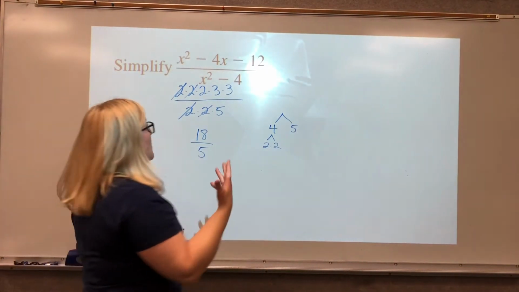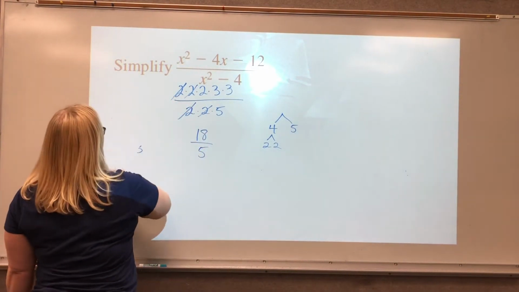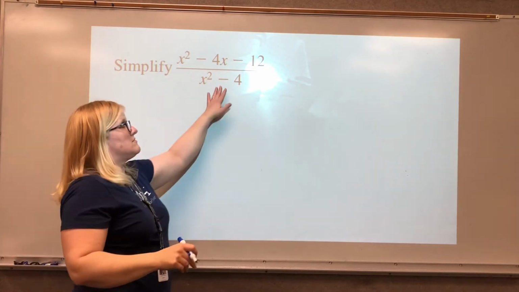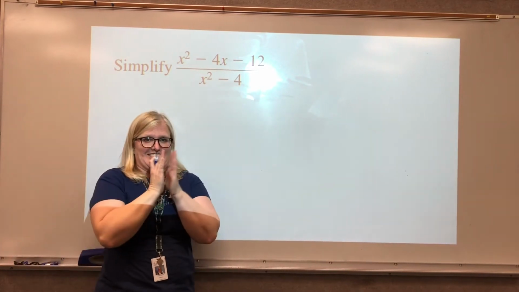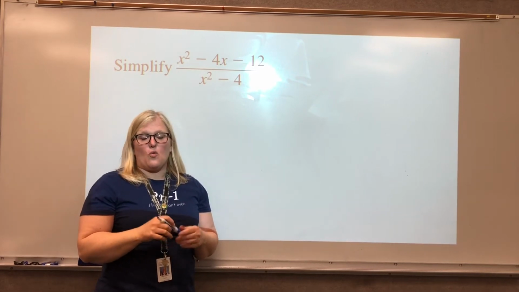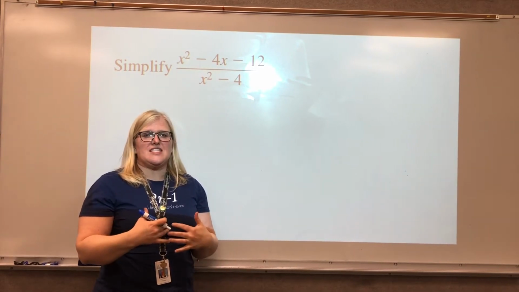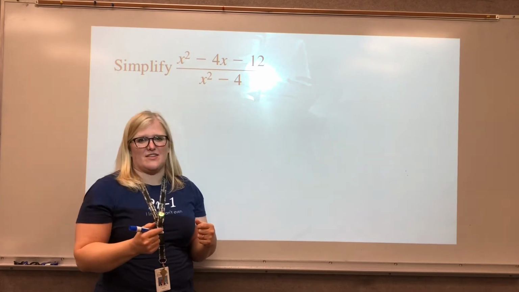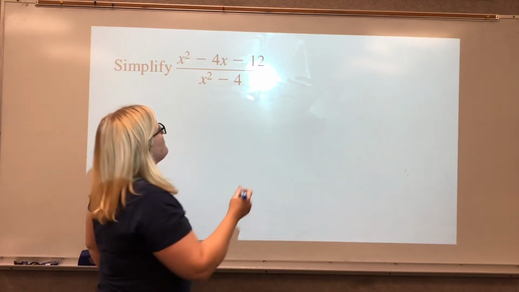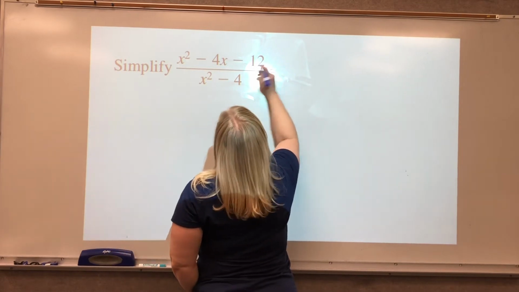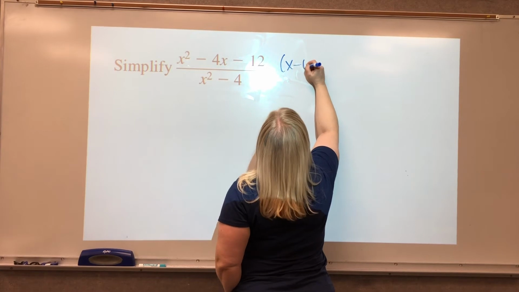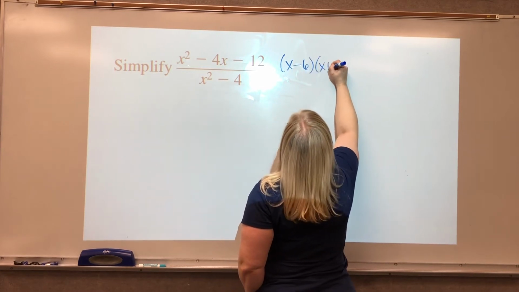Now we're going to apply it to polynomials. What we need to do is get these down to their prime factorization, and then we can start slashing. So when I factor it, I get x minus 6 times x plus 2, right?